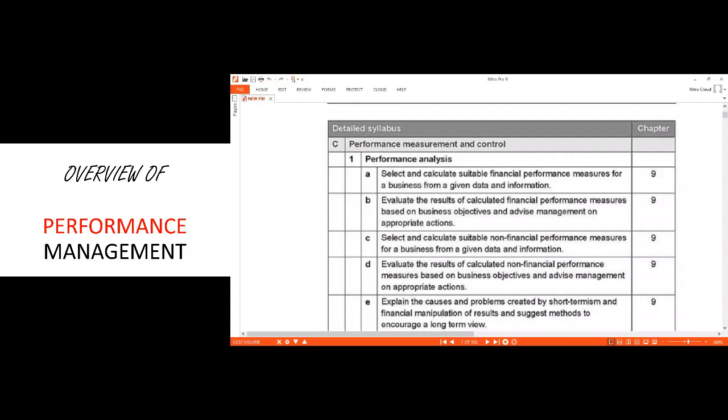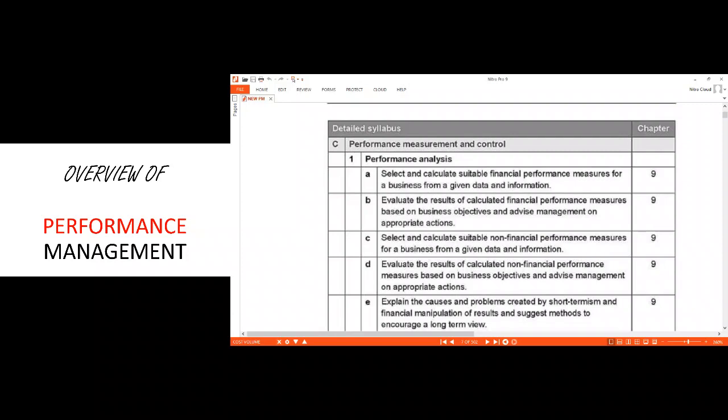We are going to evaluate the results of the calculated financial performance. We are going to select and use some suitable non-financial performance measurements. We are going to evaluate the result of calculated non-financial performance.